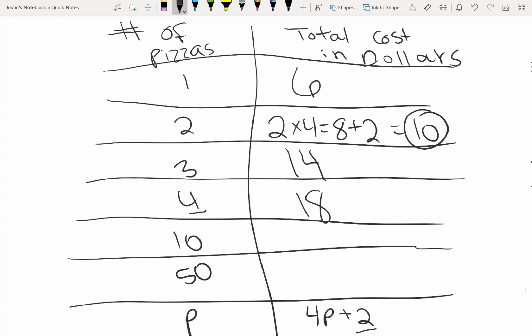All right, then 10 times 4 is 40. 40 plus 2 is 42. Then 50 times 4 is 200, because you have 50, 100, 150, and then 200. So then 200 plus 2 is 202. So go ahead and fill this in if you have not already, or if you did not get some right.